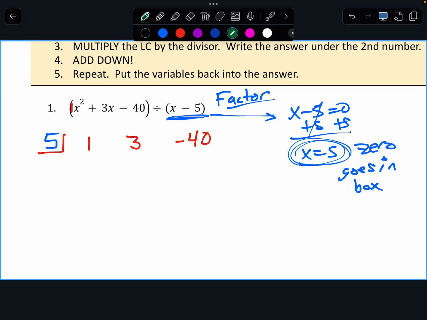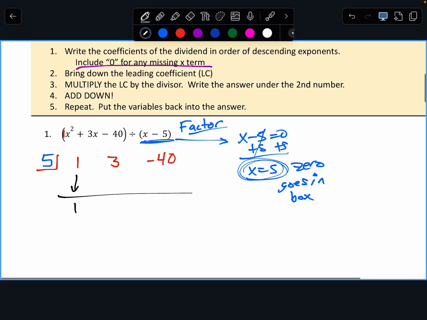Now we bring down the first term. Bring down the leading term, that's step 2, once we have it all set up, and then multiply by the box. So 1 times 5 is 5, and that goes right here. Then add down.